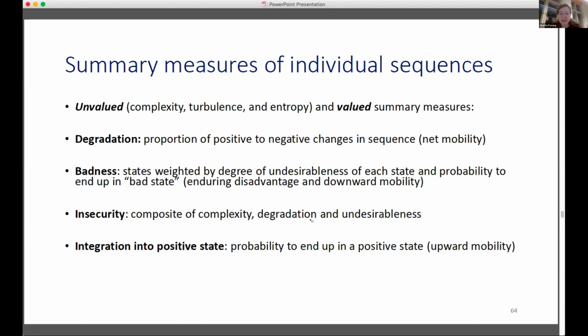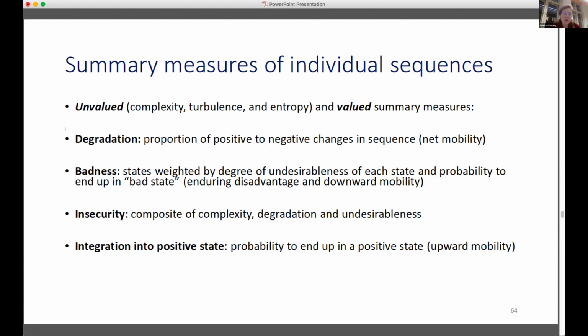So more recently, some new measures have been developed that value the transitions and the states that occur in the sequences by their social desirability. Now, whether a state is socially desirable or not, or should be valued positively or negatively in your specific application is, of course, purely a theoretical question that you will have to decide on your own, where no method can solve for you.